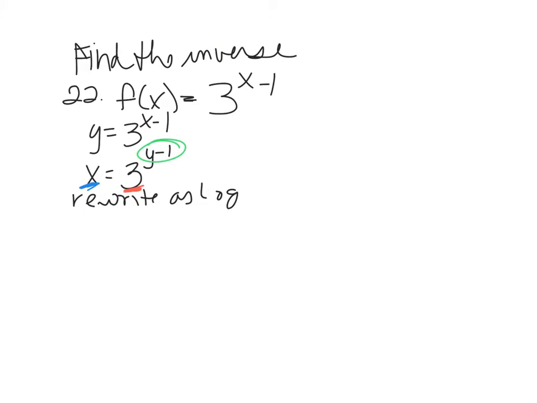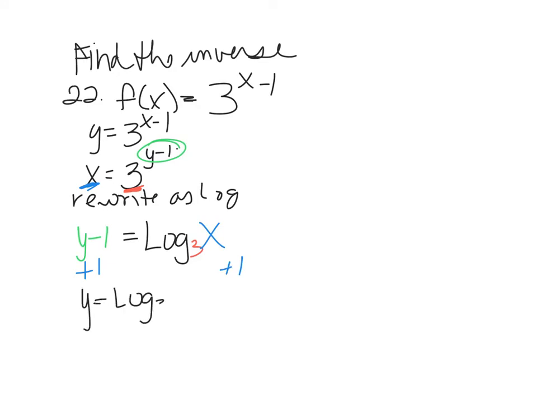So we get y minus 1 equals, the exponent equals log base 3 of x, and then we add 1, we get y equals log base 3 of x plus 1. This one is not in parentheses because it got moved over after we rewrote it as a log.